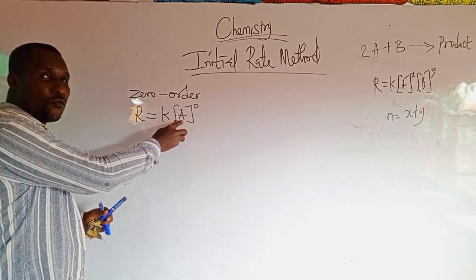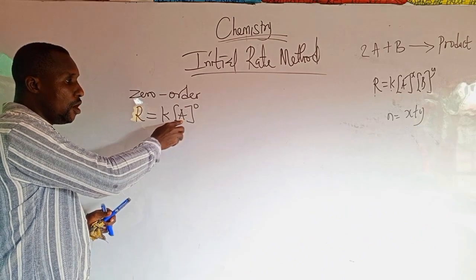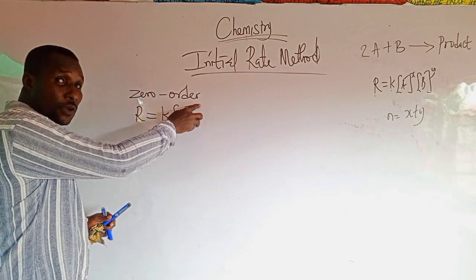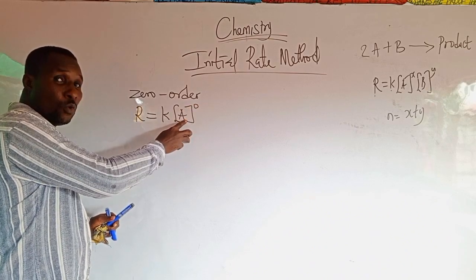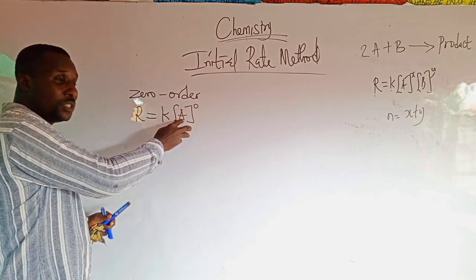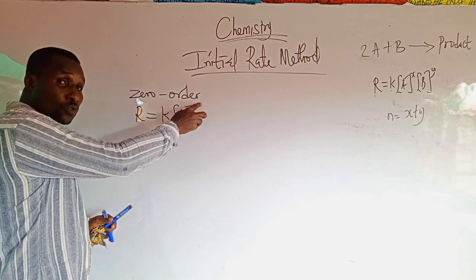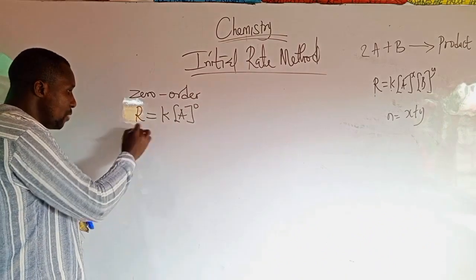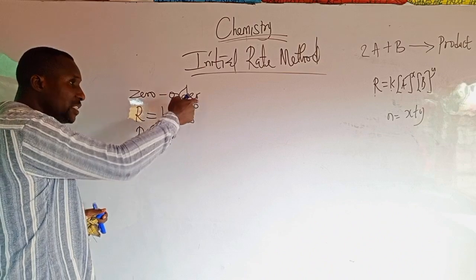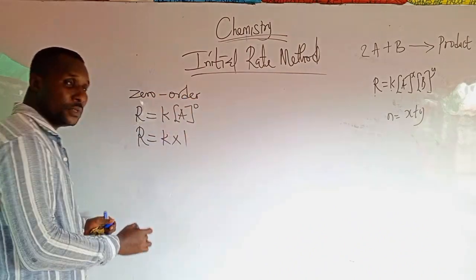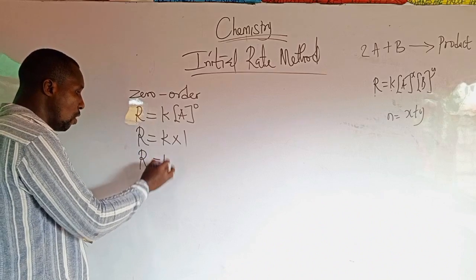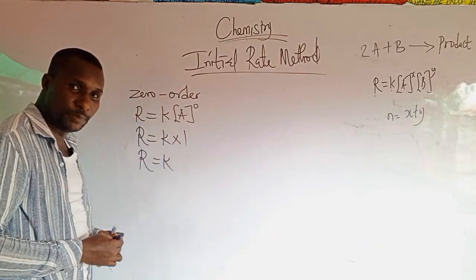That means the order of reaction with respect to reactant A is 0. From here you have R equals K, because anything raised to power 0 is 1. Then from here you have R equal to K. What does this mean?